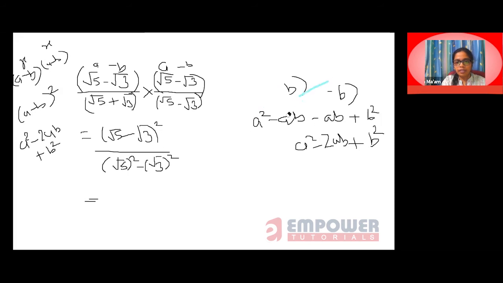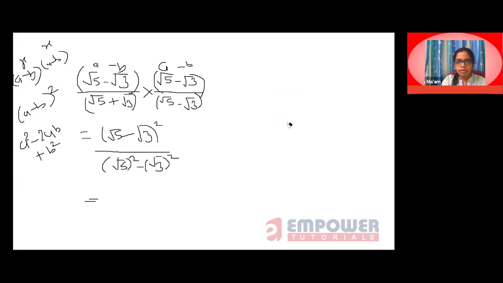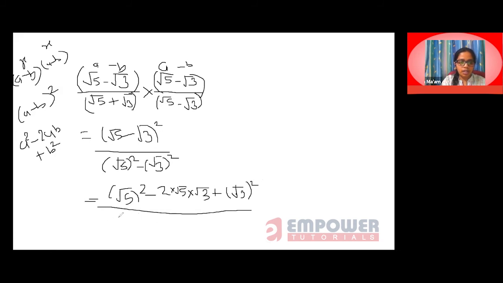Okay, so the square of this will be root 5 square minus 2 into root 5 into root 3 plus root 3 square, upon root 5 square will be 5 and root 3 square will be 3.